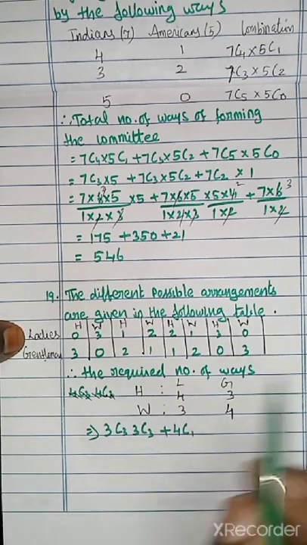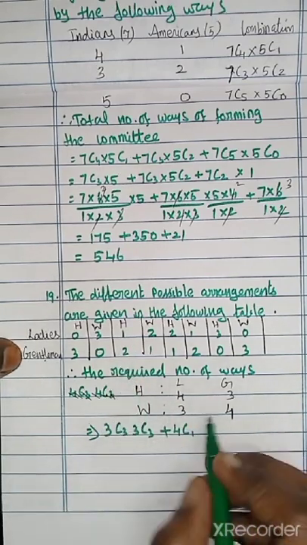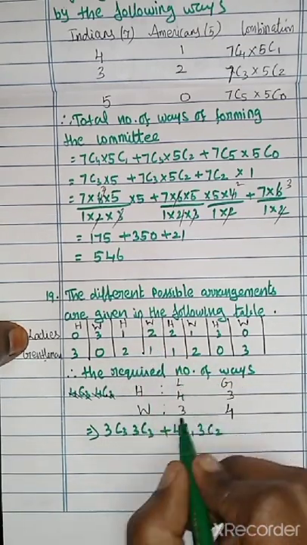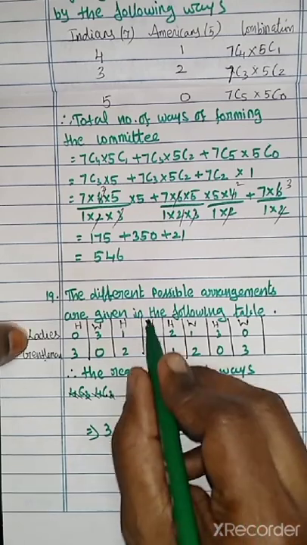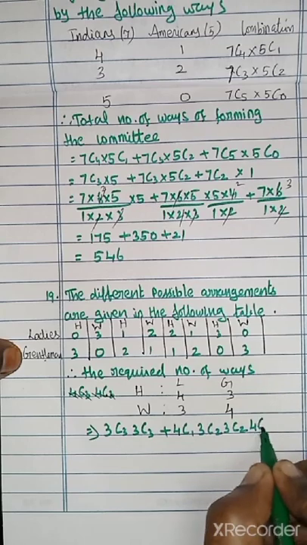Next, the husband's gentlemen 3C2. Similarly, the wife's ladies 3C2, the wife's gentlemen 4, so 4C1.